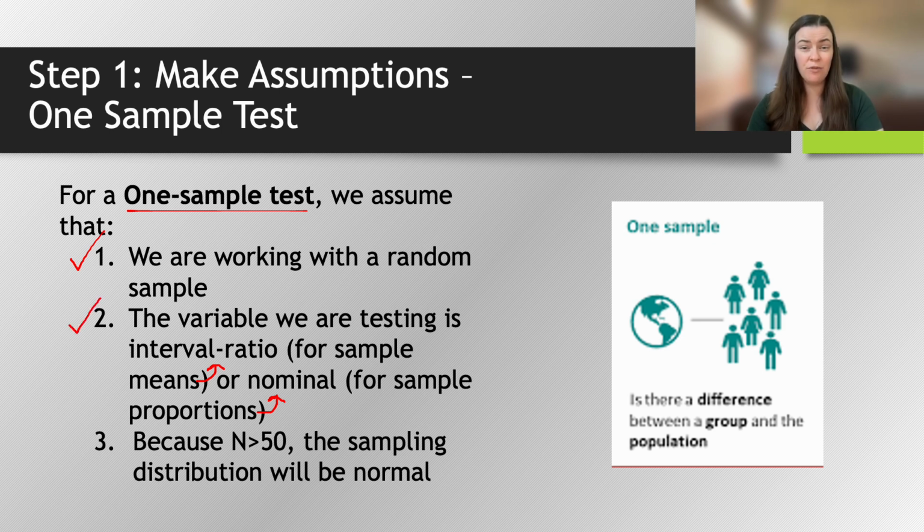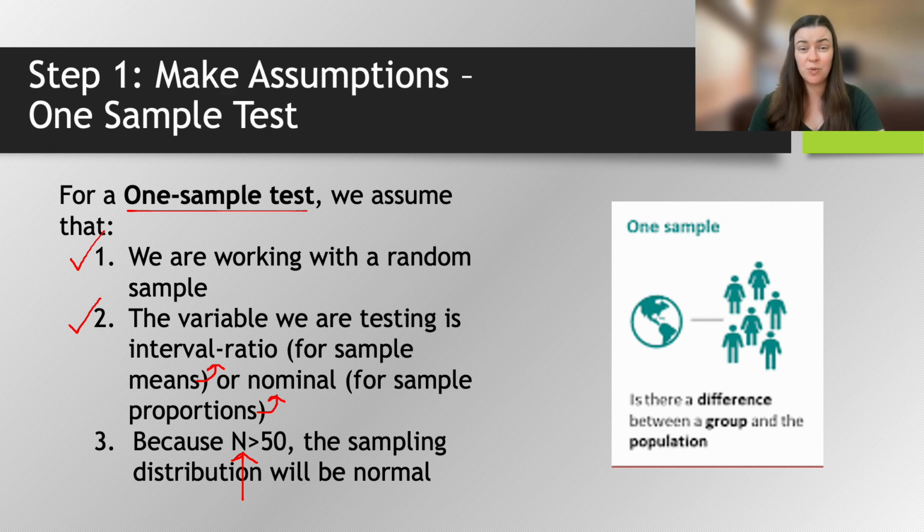Lastly, it has to revolve around this idea of sample sizes. So going back to our discussion about the normal curve in general, we saw that the more our sample size increased, the more normal our curve became. That's the same idea we're dealing with here. So we need to ensure that we are dealing with a sample size of at least 50, because this is going to suggest that our distribution will be normal.